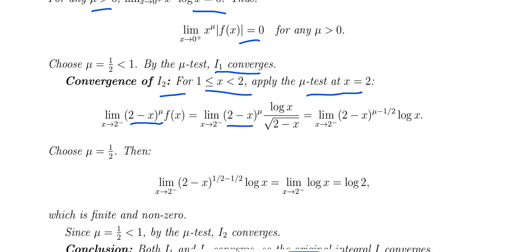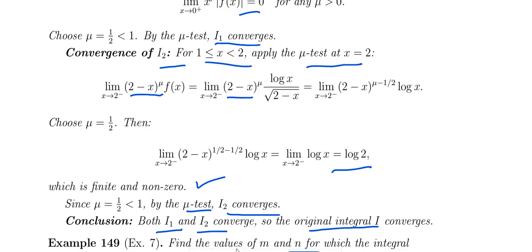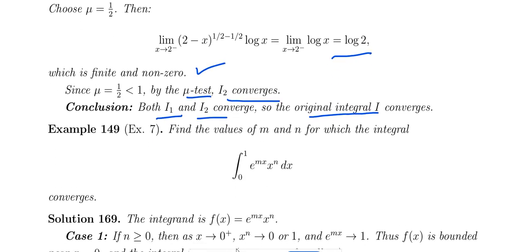So mu equal to 1 by 2 choose பண்ணிங்கன்னா this becomes log x, so log 2 வருது, which is finite non-zero. So therefore mu equal to 1 by 2 less than 1 எடுக்கும்போது, by the mu test பிரகாரம் the second integral converges. So both integrals converge, therefore the original integral converges.